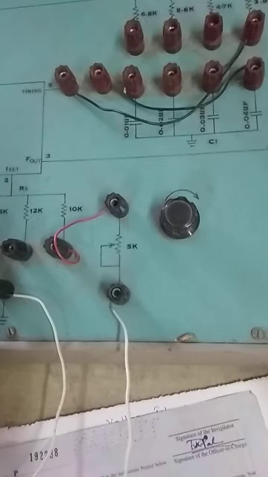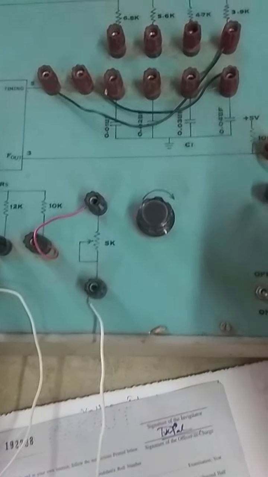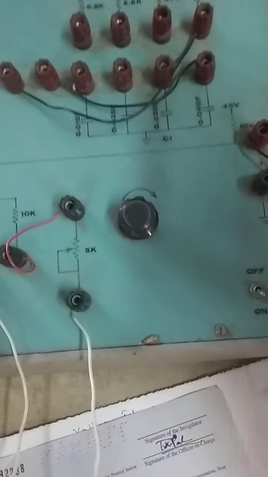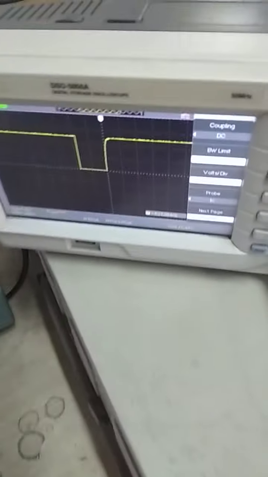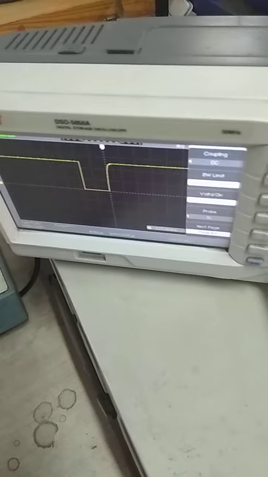Frequency is available at the output of this voltage to frequency converter. You can see this frequency using one CRO or DSO, a digital storage oscilloscope. That is the output from the voltage to frequency converter. We have given voltage, the frequency is available here. That is the transmitter part.